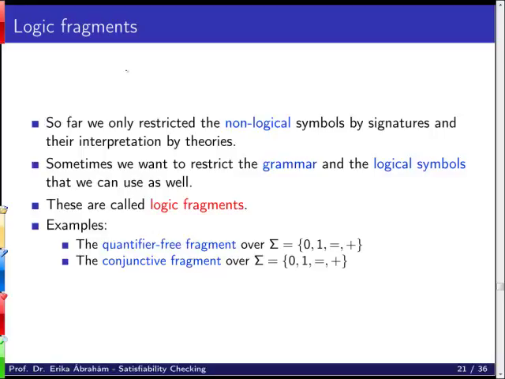For example, to apply the simplex algorithm, simplex cannot handle arbitrary Boolean combinations of constraints, but only a set of constraints. So if we restrict this to a fragment, the conjunctive fragment, and restrict the Boolean operators that I can use, then we can develop special algorithms for those logics.